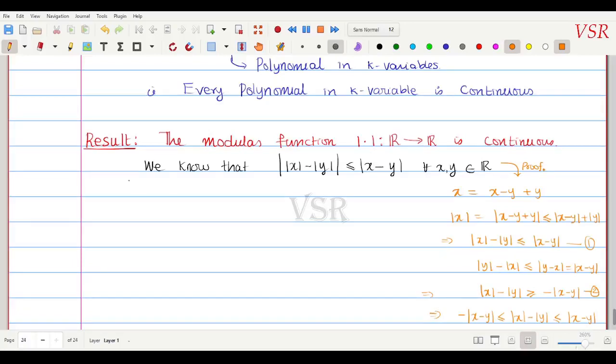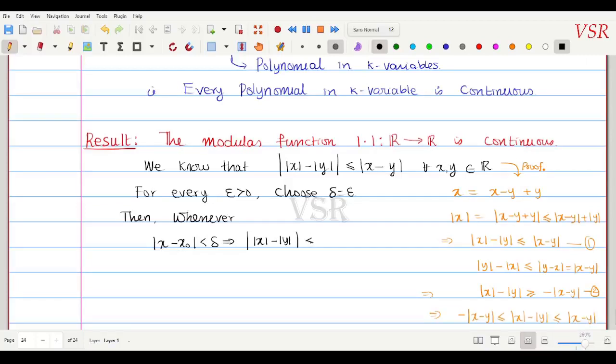அப்போ for every epsilon positive, choose delta equal to epsilon. அப்போ then whenever modulus of x minus x naught is less than delta, this implies that modulus of mod x minus mod x naught is less than or equal to modulus of x minus x naught, which is less than delta, and delta is equal to epsilon.